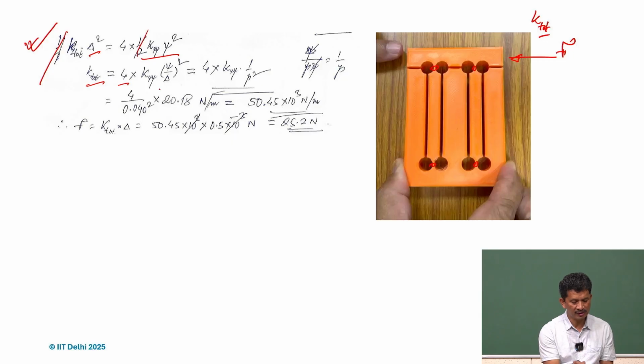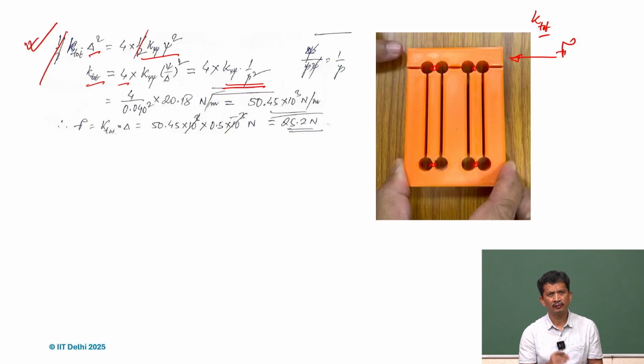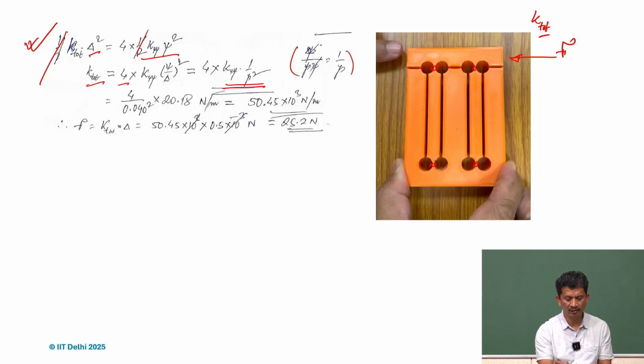And what we see here is the effective stiffness, or the contribution of the hinge stiffness towards the stiffness at F, is actually K psi by P square. So P is the length. And here delta psi by delta can be written in terms of P. So this is what I have done.